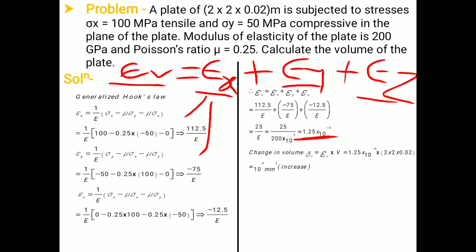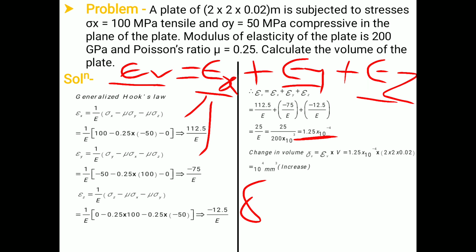Now once you know the value of volumetric strain, we can easily find out the value of change in volume which is equal to original volume into volumetric strain. And the original volume is already given in the numerical. After putting the value of epsilon v and V, I have the change in volume which is equal to 10 raised to 4 mm cube.